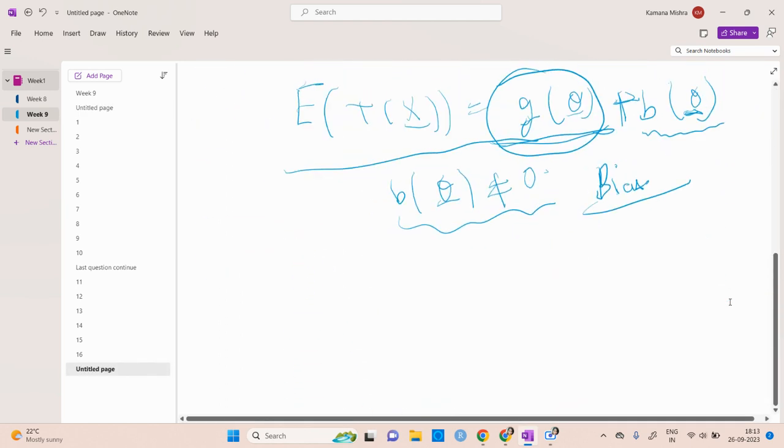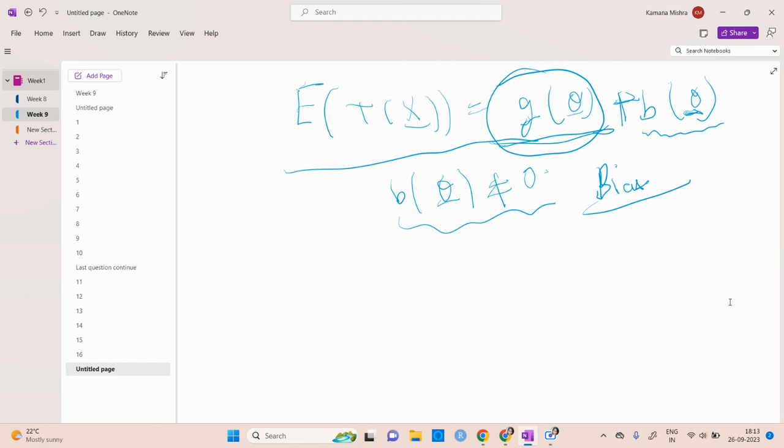So this is the biasedness of this parameter. If this is equal to 0, then we say it is an unbiased estimator. Otherwise it is a biased estimator. So this is the first thing we check at the time we do the estimate. We select the estimator to get information about our real distribution.